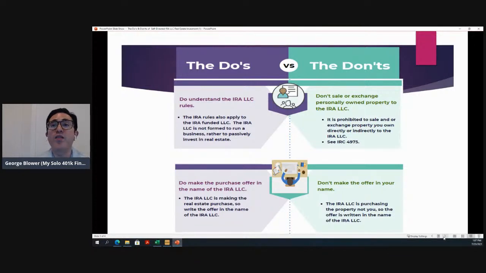So for example, like a 1031 exchange with property that you own in your own name. You can't do that with your IRA LLC. So it's important to work with a provider like us, who has experience in educating our customers in terms of what those rules are.